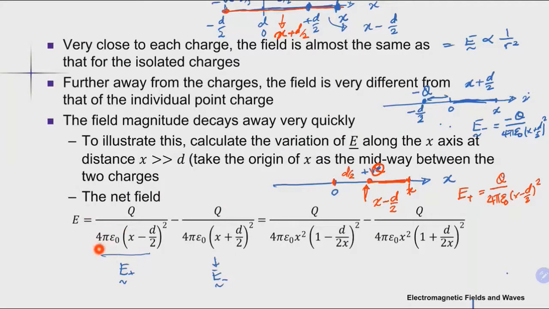So Q over 4 pi epsilon naught (x minus d over 2) squared minus Q over 4 pi epsilon naught (x plus d over 2) squared. What I have done here is I take my x out of my equation. So here is squared, if I take it out, it will be x squared sitting out, and then this will be divided by x. Okay, same thing on this side.